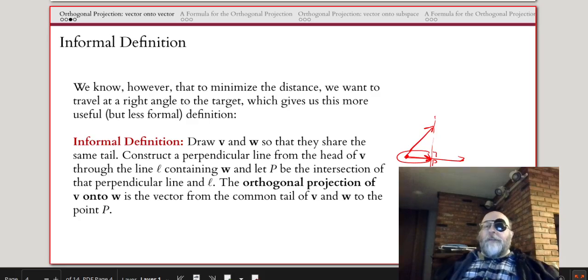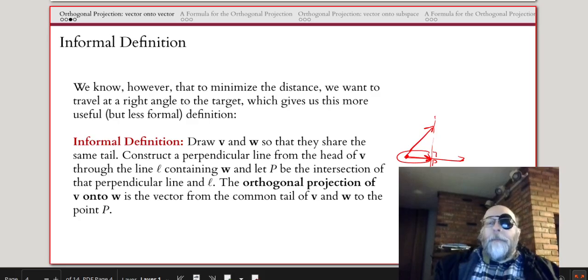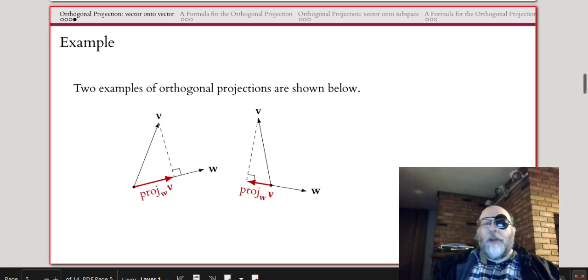And that gives us a different definition that tells us what we're looking for. Because the projection forms a side of the right triangle, we can calculate this using trig.